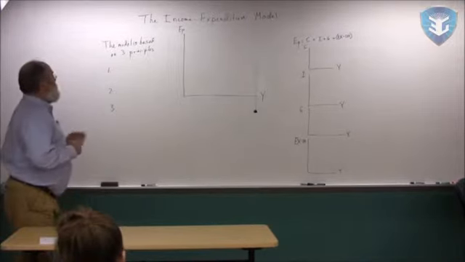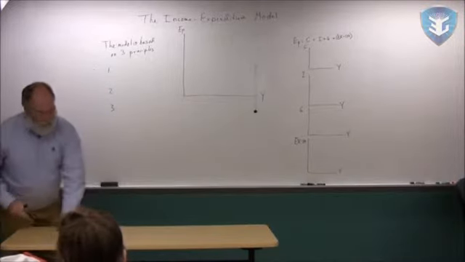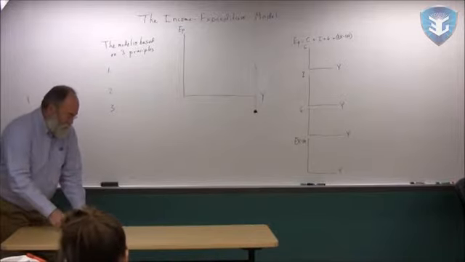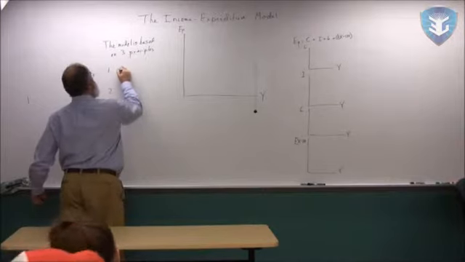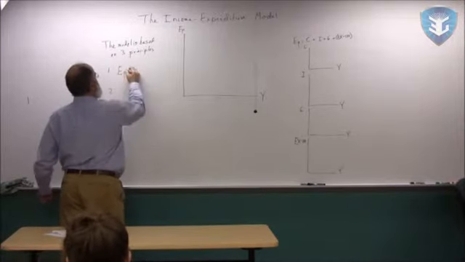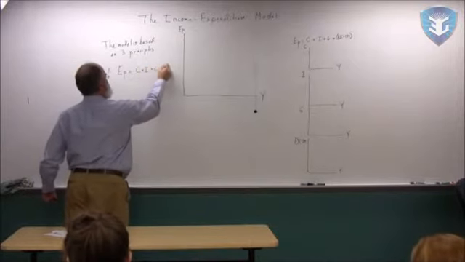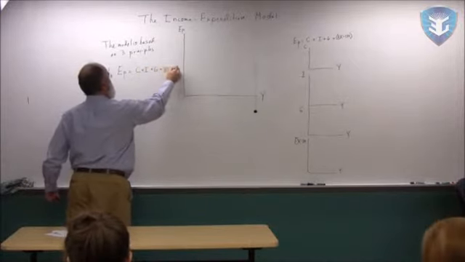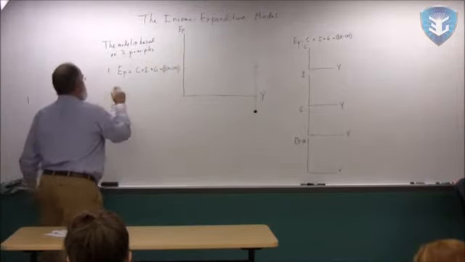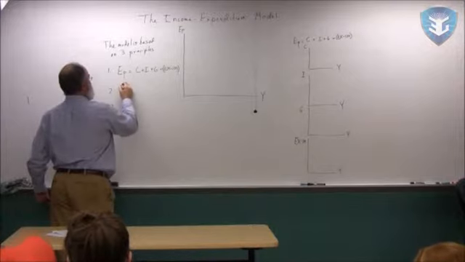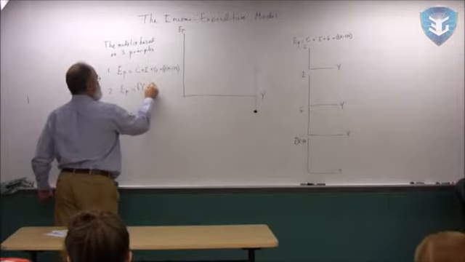All right, now, this model is based on three principles. The first principle you already know. It's a definition. It says total planned expenditure is the sum of C, I, G, and X minus M. The second one, really a restatement, says that EP can be expressed as a function of GDP.